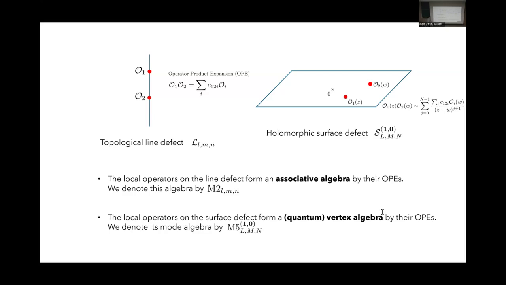In the same way, I'll call the vertex algebra, which in general is expected to be a quantum vertex algebra, but I will not go into that, I'll only take its mode algebra, which is an associative algebra, and I will call this mode algebra of the chiral algebra M5 for the surface defects.